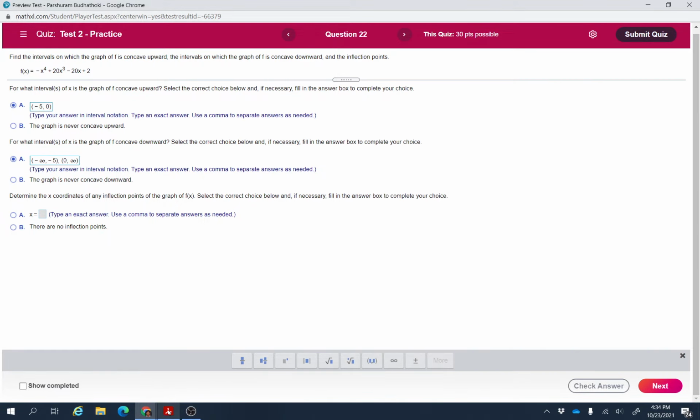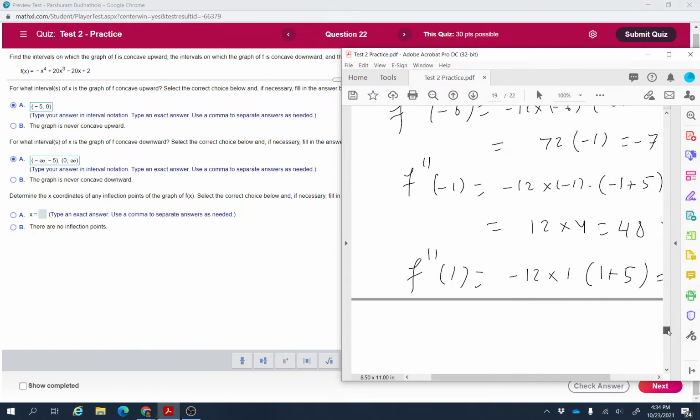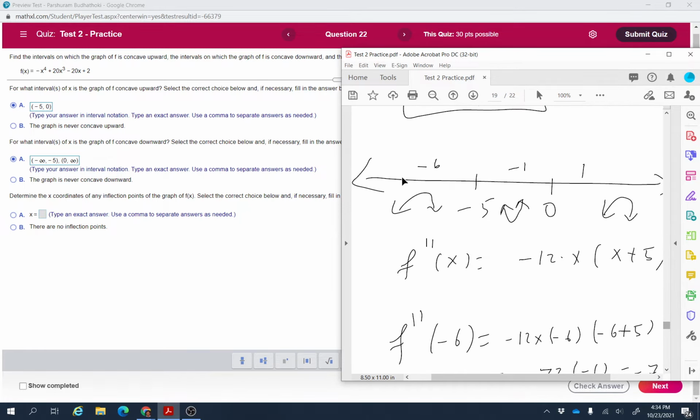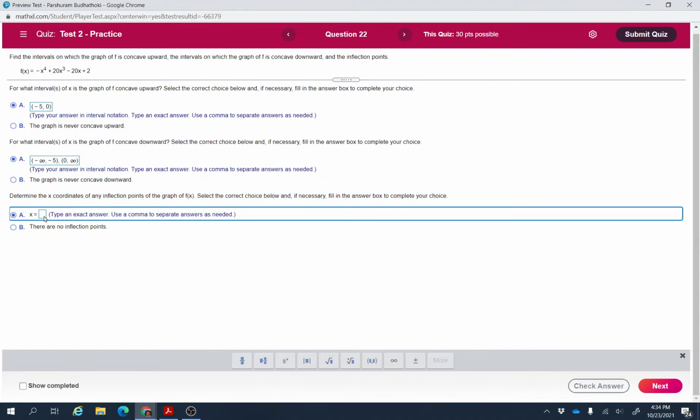As you can see here, the graph is concave down up to -5, and after -5 it's concave up, so it's changing concavity. Same thing happens at 0. So -5 and 0 are the two inflection points.